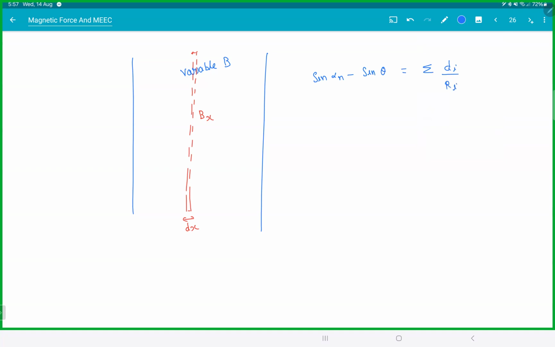Here all are in the same direction. We'll assume at least the direction is same, only the magnitude is varying. So from here, sin theta final minus sin theta initial becomes an integral. d is the thickness of the film, so here it becomes dx, and r is nothing but mv by qB. The radius of curvature is changing at every instant, though the speed will not change: mv by qB(x). There, that's your formula.